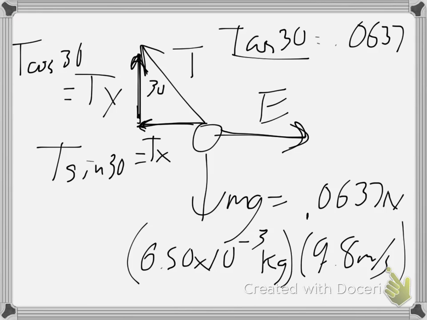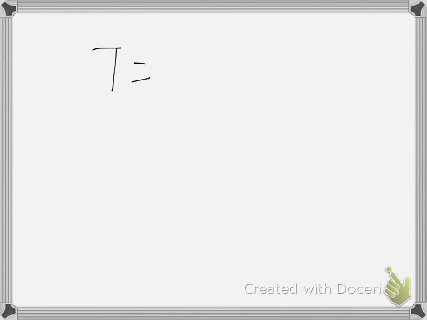So if I divide each side by my cosine 30, I'll find that my tension is equal to 0.0637 divided by cosine 30. Phone calculators are always aggravating.